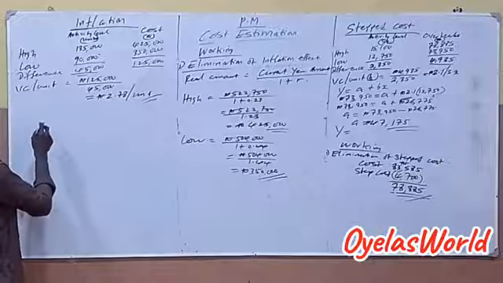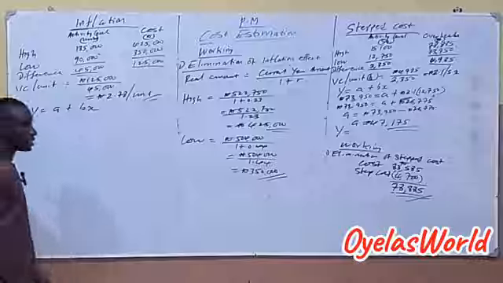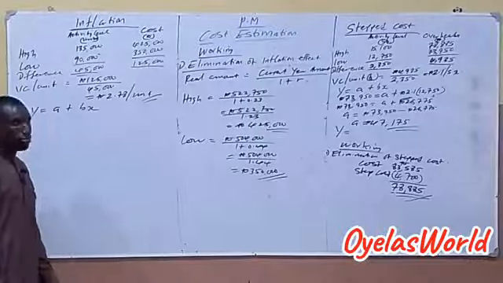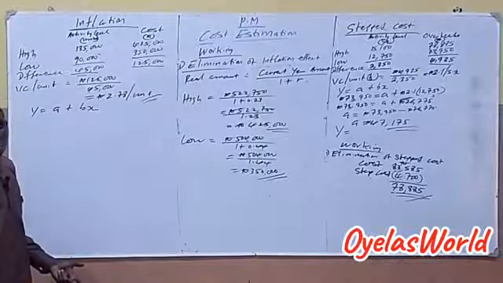Now, we know that y equals a plus bx. Are we using high or low? We are using high.